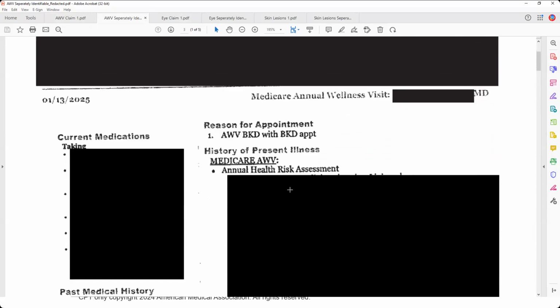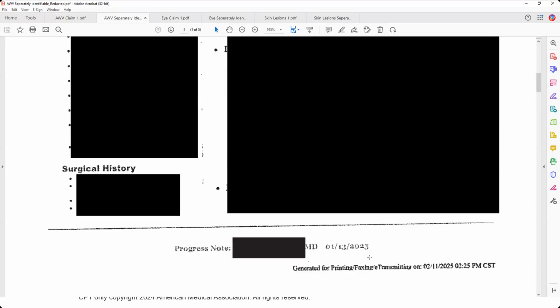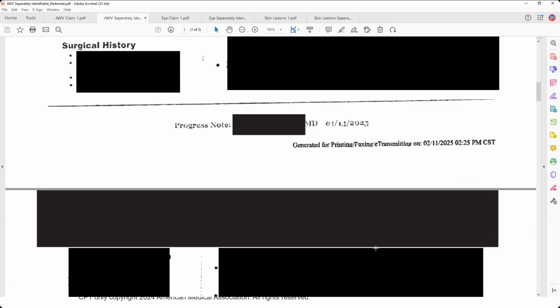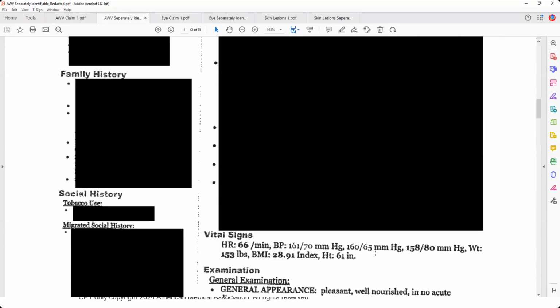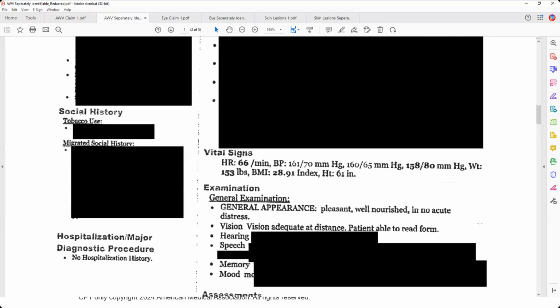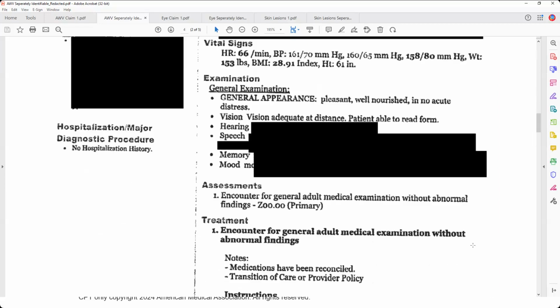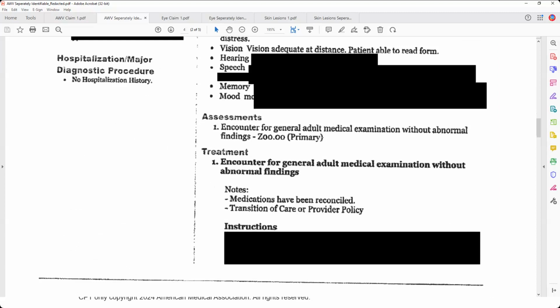I have a reason for the appointment, the health risk assessment, that all pertains to the annual wellness visit, all of the surgical information, family history, social history. We have some vital signs. They're not part of the annual wellness visit, not entirely. Some general examination. And then the rest of it is just what they plan on billing.